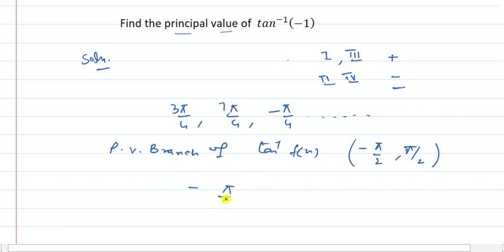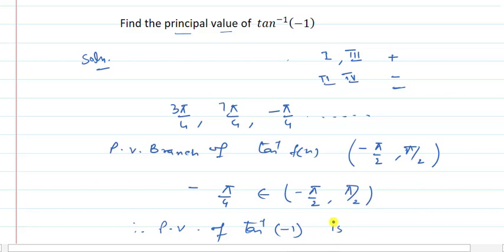So we will write minus pi upon 4 belongs to minus pi upon 2 to pi upon 2 open interval. Therefore, principal value of tan inverse minus 1 is minus pi upon 4.